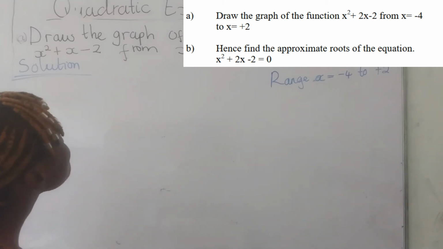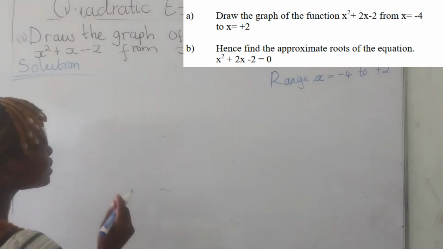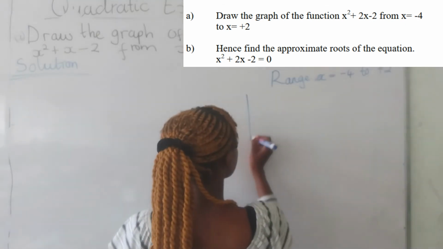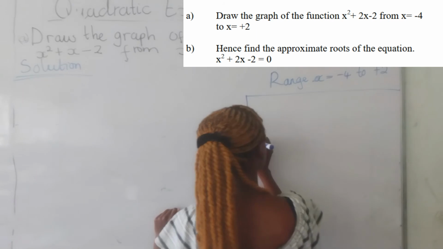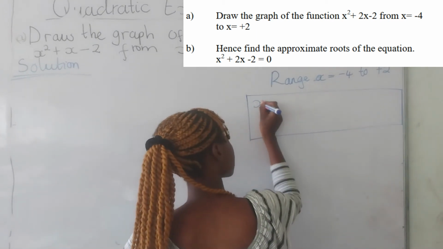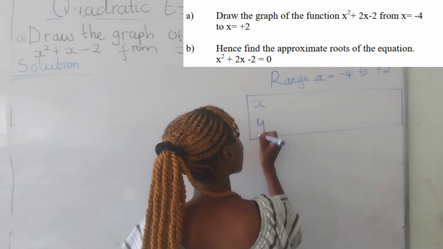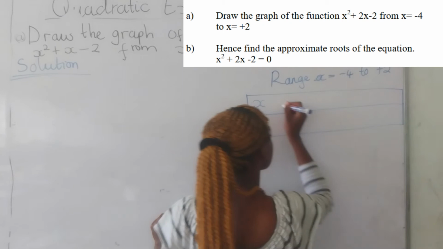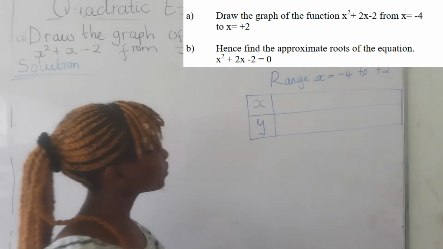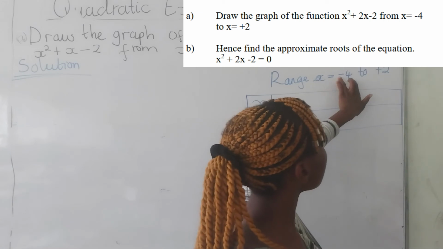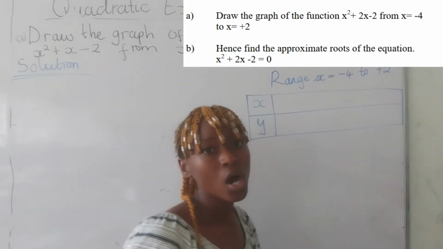Okay, and now for the function, what are we going to do first? First, we draw a table. Okay, we have our x and we have our y. You put your x and you put your y. And we know that they required us to put a graph from minus 4 to plus 2.